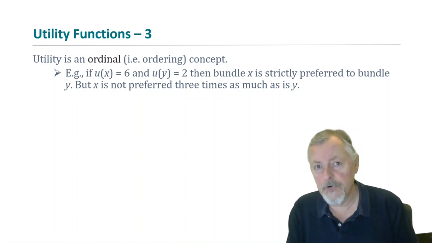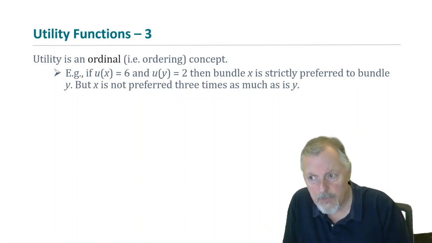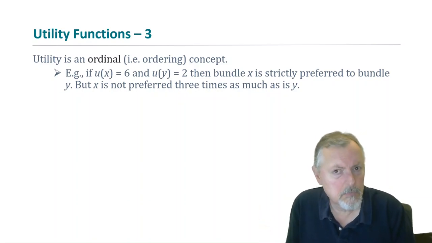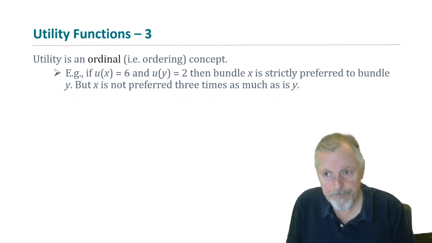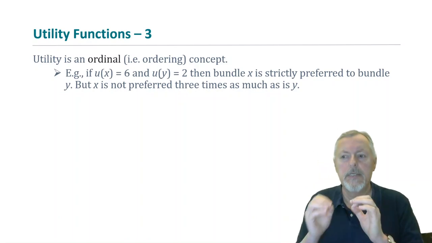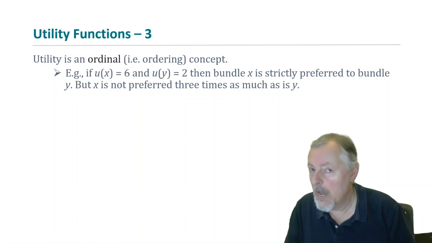The person prefers the second one to the first. But how much more do they like the second than the first? Utility says nothing about that. This only is a concept of you prefer this over that, not by how much.